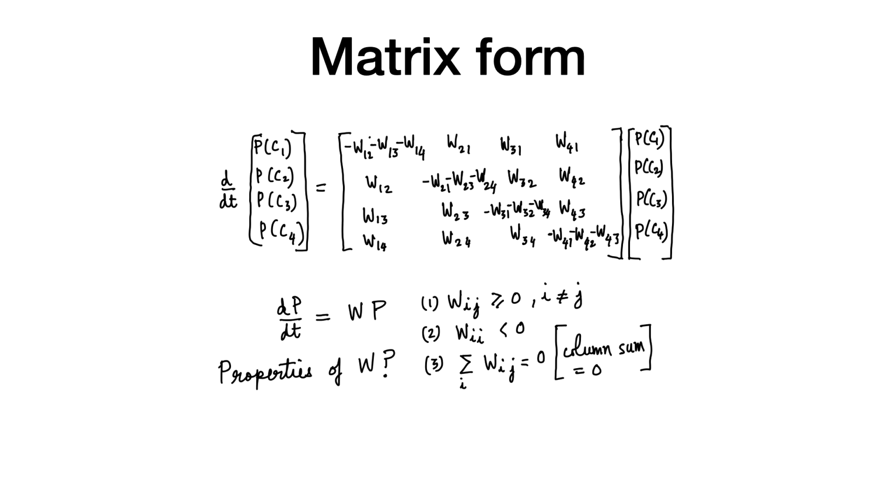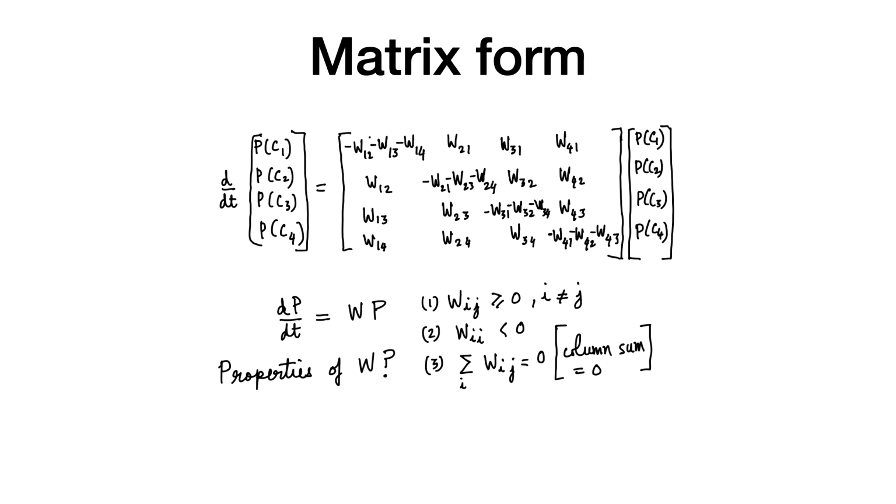So now forget about telling it in words, like a person meeting A, B. I can just give you a matrix with these properties, and that will constitute what we want to call a Markov process. How did you come up with W, what did you write?